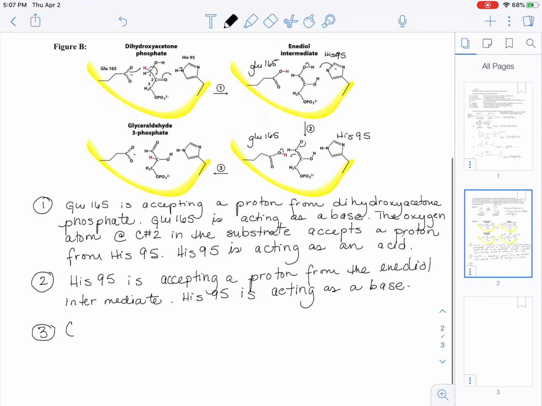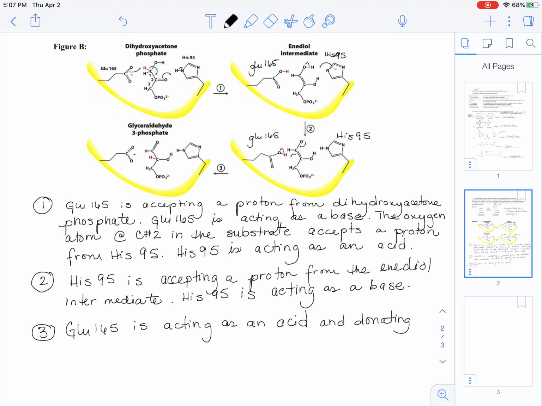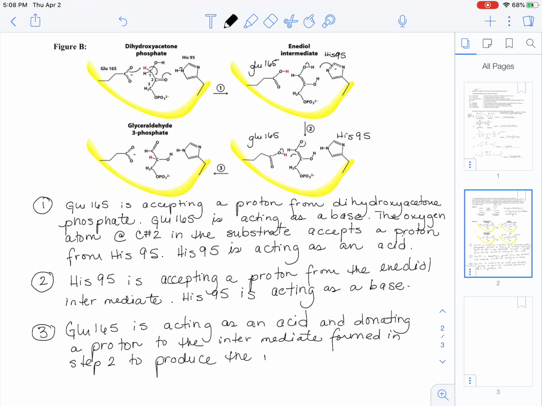So we can specify that glutamate 165 is acting as an acid and donating a proton to the intermediate formed in step 2 to produce the final product.